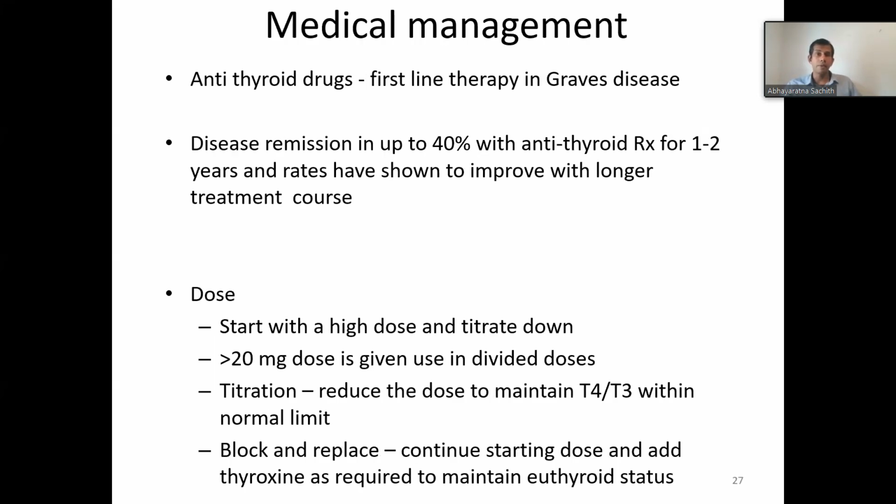Now, anti-thyroid drugs are generally the first-line therapy for Graves' disease. Having said that, in certain countries like the USA, they prefer radioactive iodine, but in the rest of the world, mostly you treat with anti-thyroid drugs. If you treat for an adequate period, about 1 to 2 years, about 40% will go into remission.